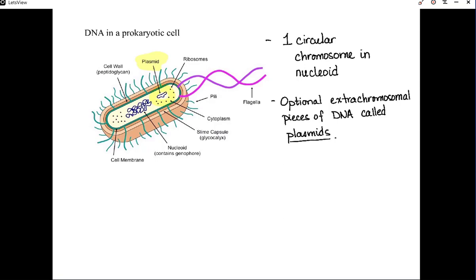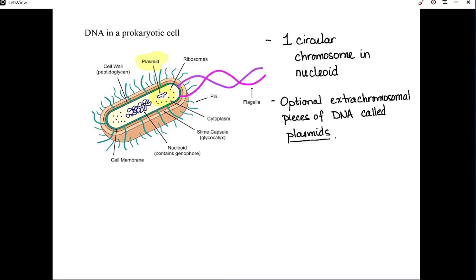So that's good for the bacteria and bad for us when those bacteria are pathogenic. We will revisit plasmids in future lectures and also in labs 14 and lab 16. So we'll see plasmids again.